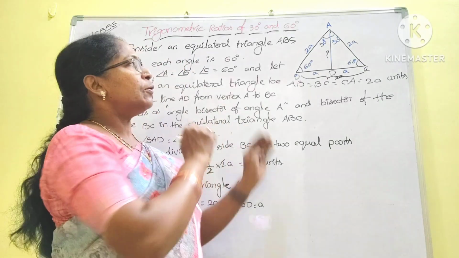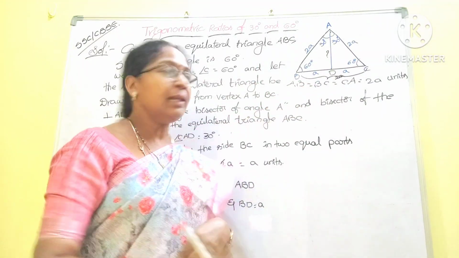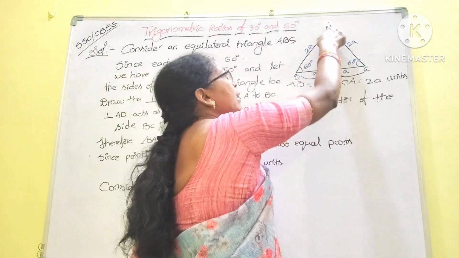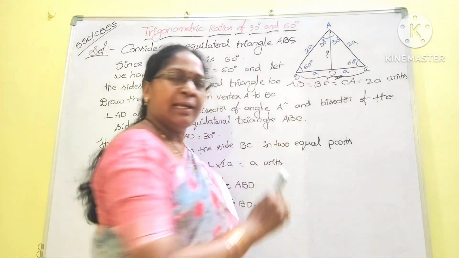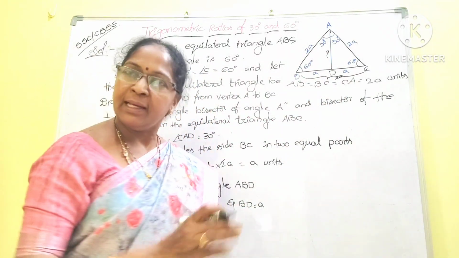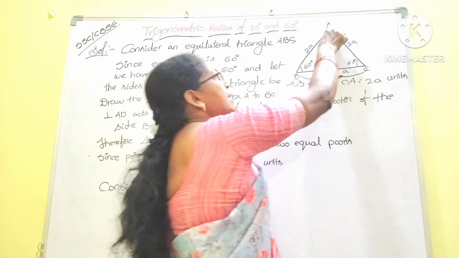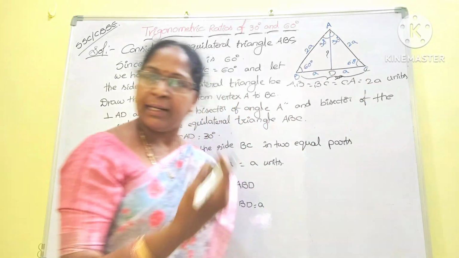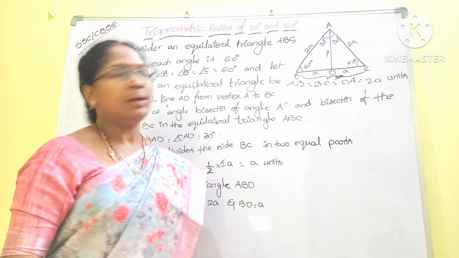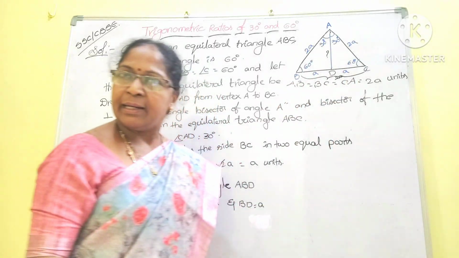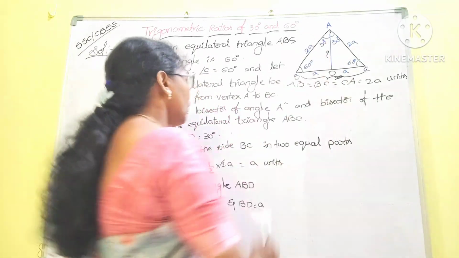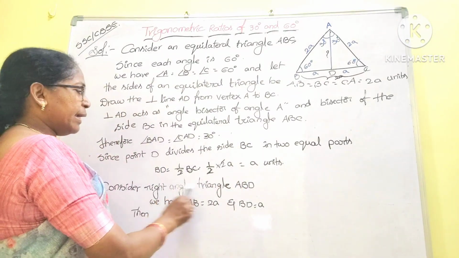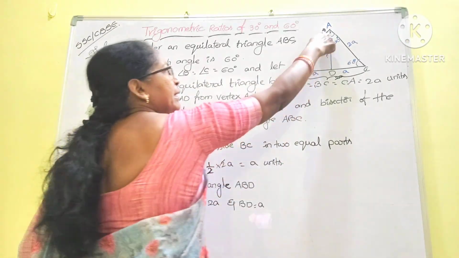So, in this equilateral triangle, you have to consider one right angle triangle. That is, ABD is a right angle triangle, as well as ADC is another right angle triangle. You can consider either right angle triangle, because both are equal. Now here I am considering right angle triangle ABD.